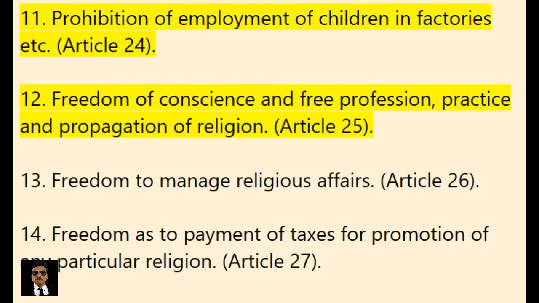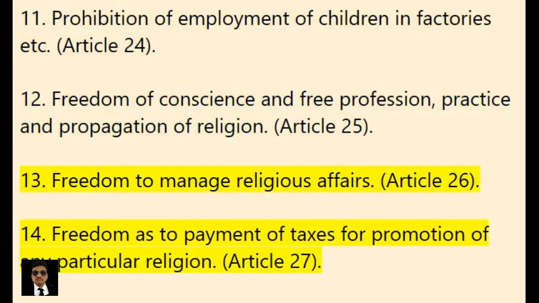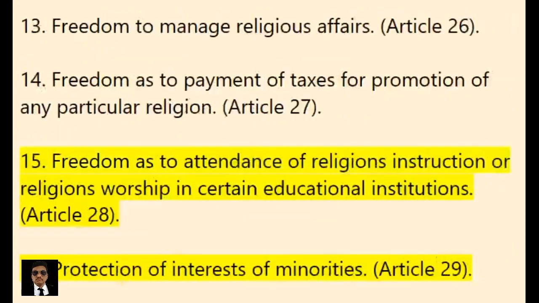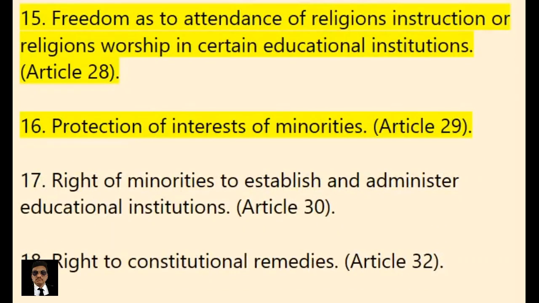13. Freedom to manage religious affairs, Article 26. 14. Freedom as to payment of taxes for promotion of any particular religion, Article 27. 15. Freedom as to attendance at religious instruction or religious worship in certain educational institutions, Article 28. 16.